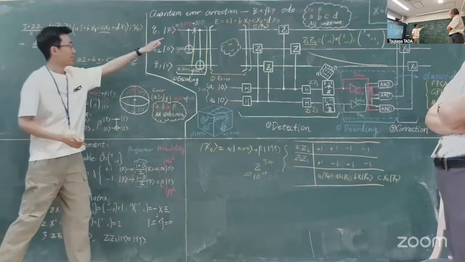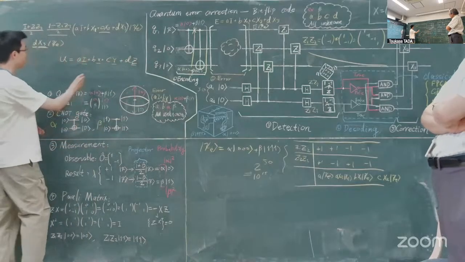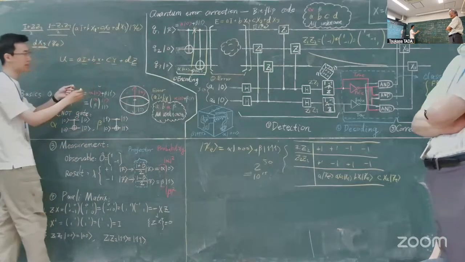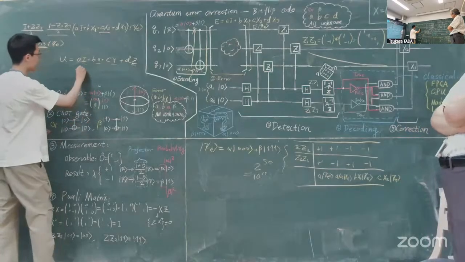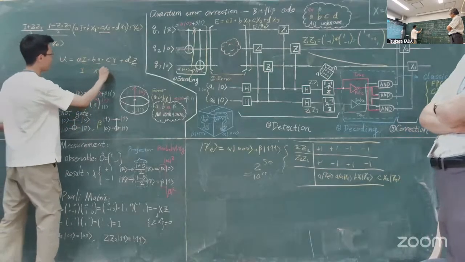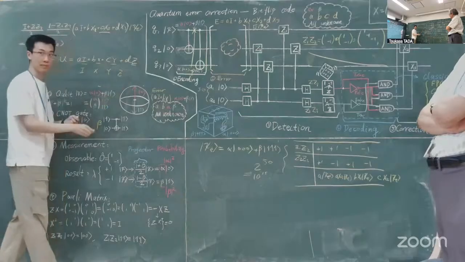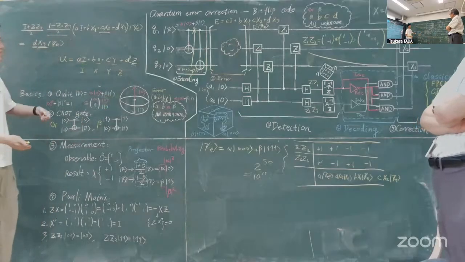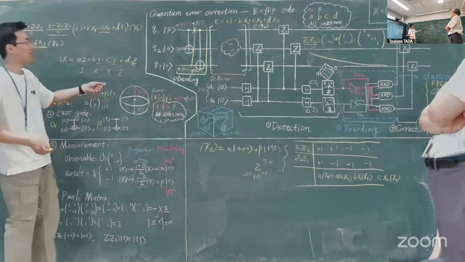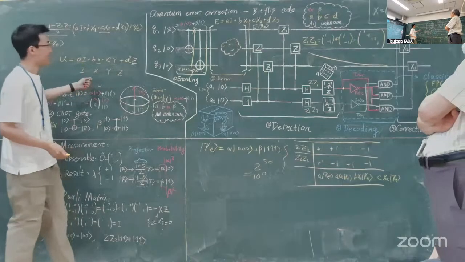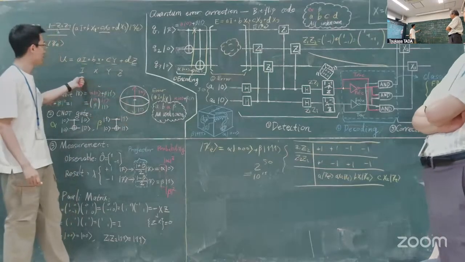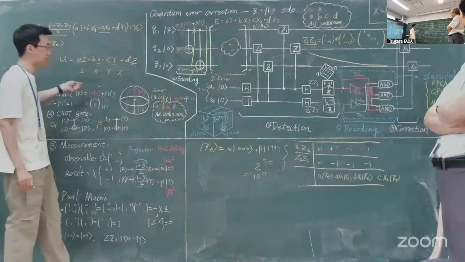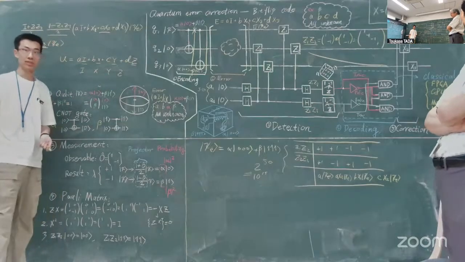So using a similar idea, you can find that the corresponding quantum noise collapses into either X or Y or Z after some proper measurement. Yeah, this is a very good question. You can prove that you can conceive some quantum code to measure and correct this discrete quantum noise.